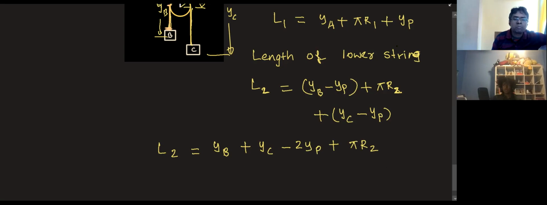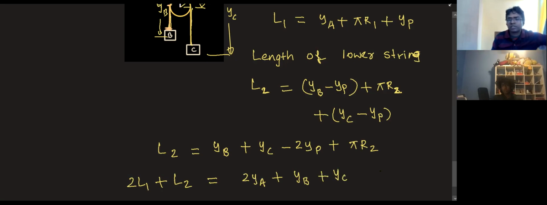So I'm going to add twice L1 to L2, and YP disappears. I end up with 2YA plus YB plus YC, and the constant 2 pi R1 plus pi R2.